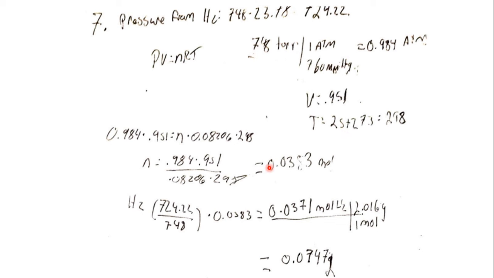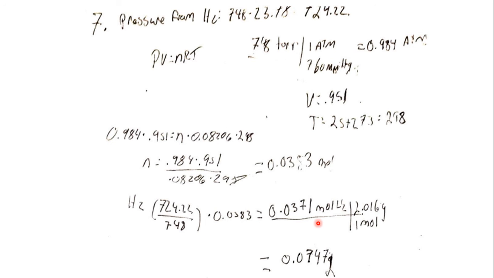Solving for n, using the ideal gas law, the total amount of moles is 0.0383. Now we do the same thing: the pressure of hydrogen divided by total pressure multiplied by total moles, and we get the moles of hydrogen gas, which is 0.0371.